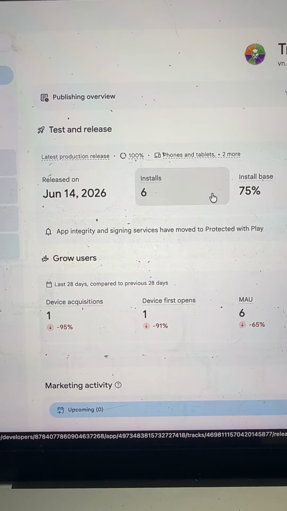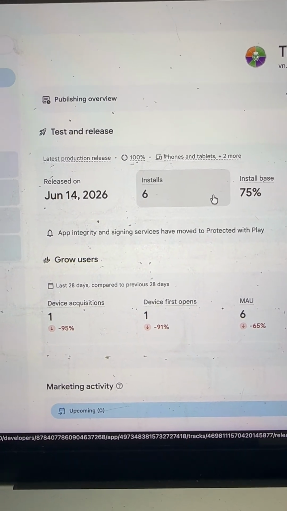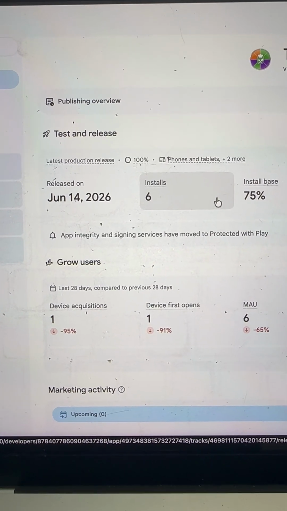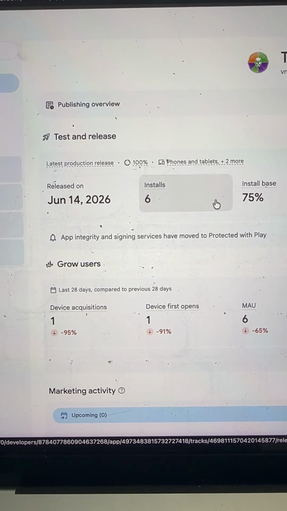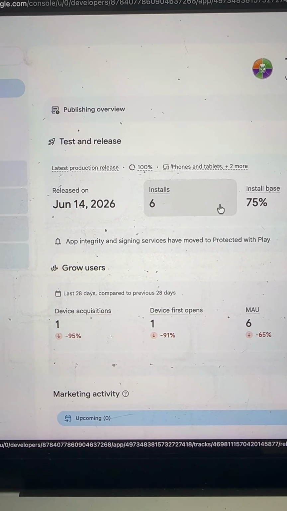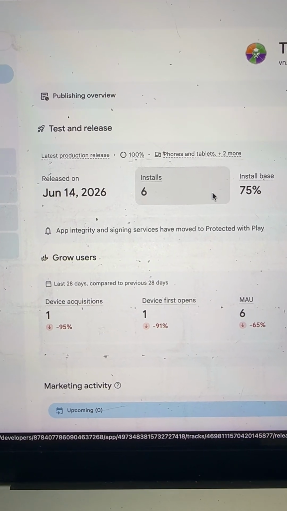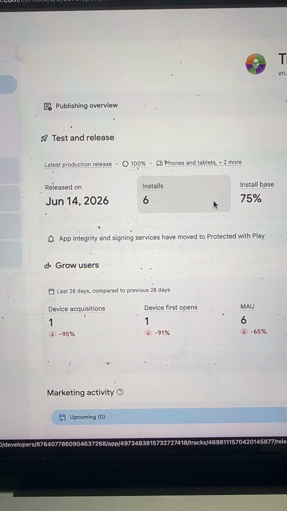You have to learn how to submit that information very carefully before submitting your app, because in the future it may affect the way you monetize or test the app, or it may violate some kind of policy, and so on. So you have to be very careful with that.